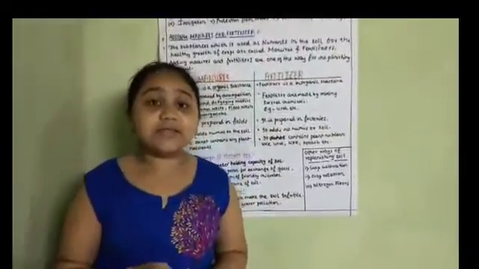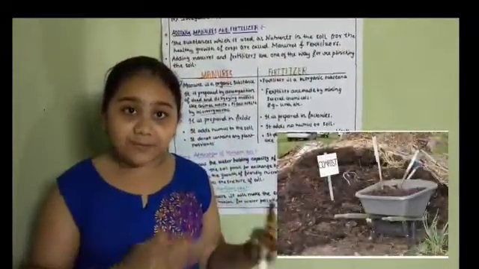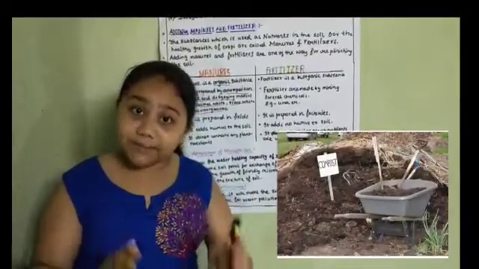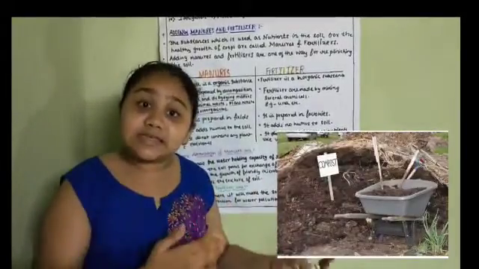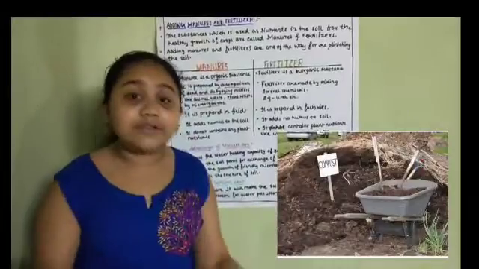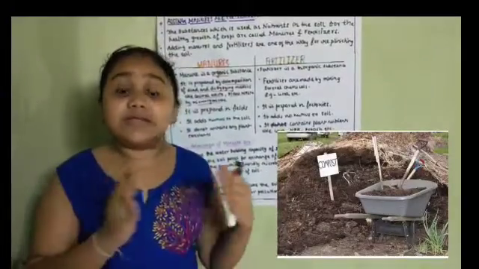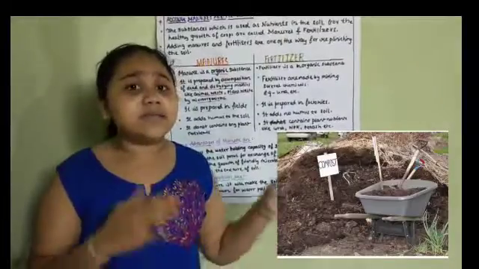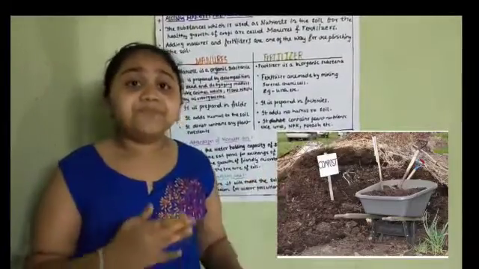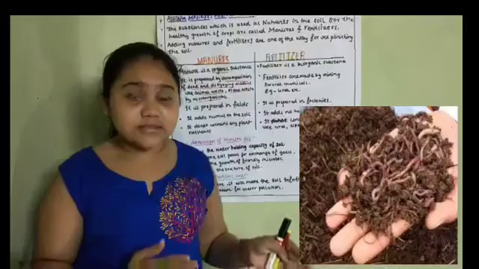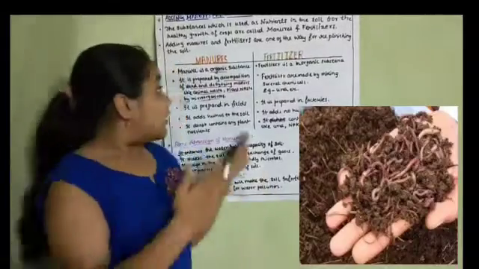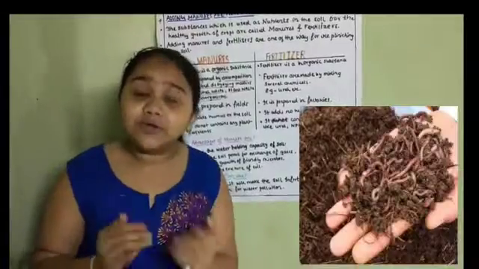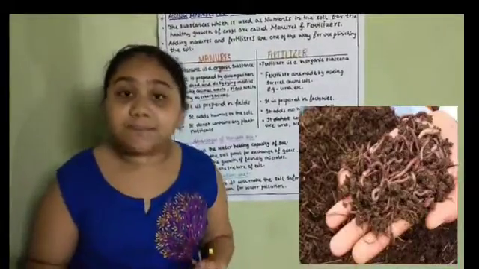When waste materials like animal waste, plant waste, and dead and decaying plants are left over on the forest floor, they are decomposed by microorganisms like various bacteria and fungi. These microorganisms decompose these waste materials into an organic nutrient, and that is known as manure.